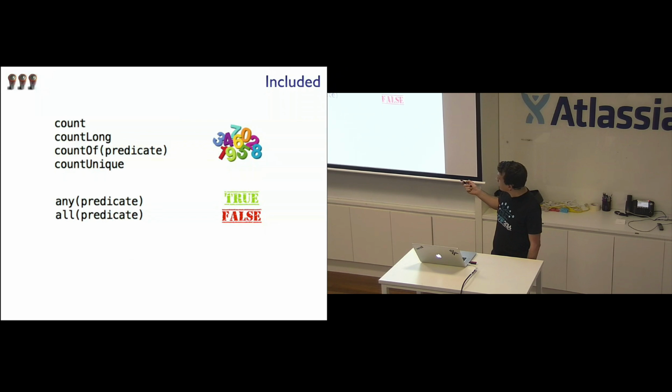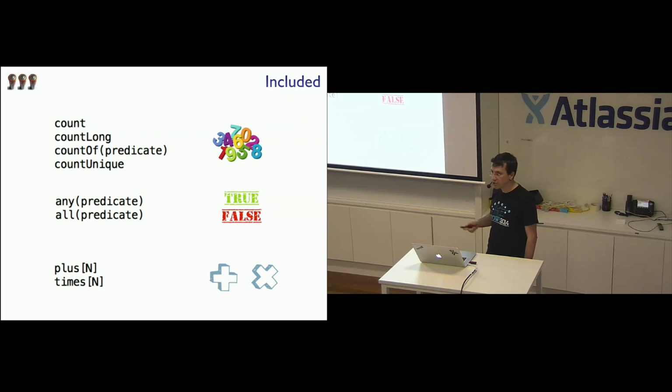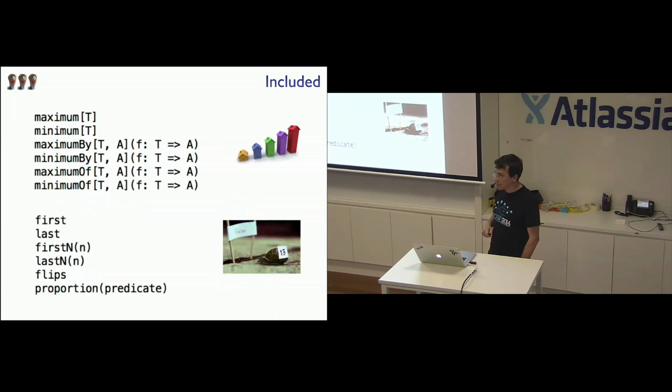You can check a predicate over any number of elements. You can do multiplications, additions over your elements. All of these are instances of folds, right? Very simple folds, very simple state, doing what they have to do. And then if your data has an order, you can get the maximum, minimum, maximum by a given attribute and things like that.